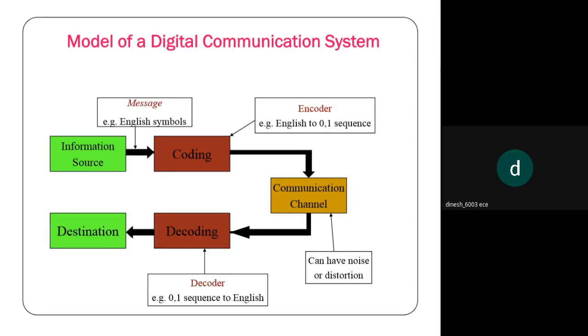If you're using landlines for internet, that represents an example for wired system. If we are using mobile phones or Wi-Fi or hotspots, those represent wireless.